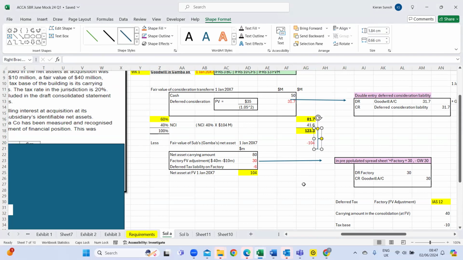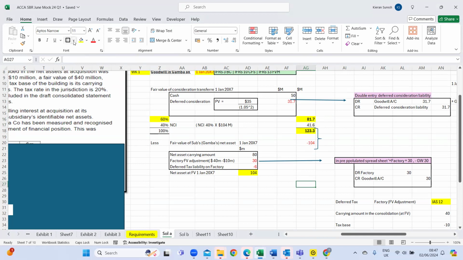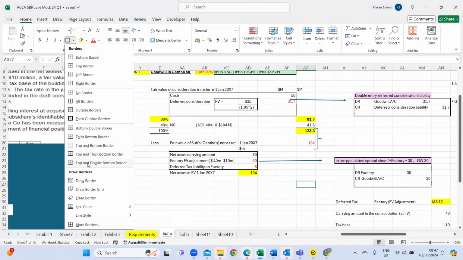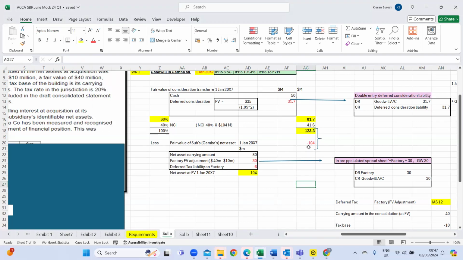The reason why I have paid more is maybe because of the possible reputation that they have. This is known as the premium goodwill, the positive goodwill. So the positive goodwill here is going to be 123.3 minus 104, and that's 19.3.